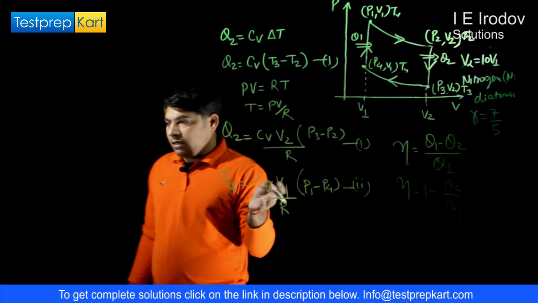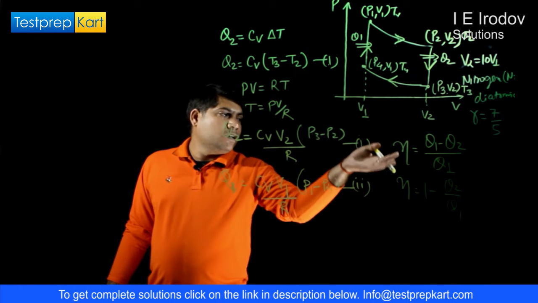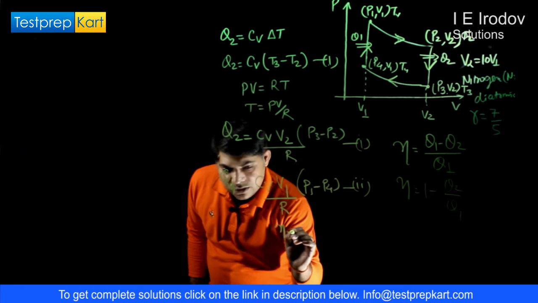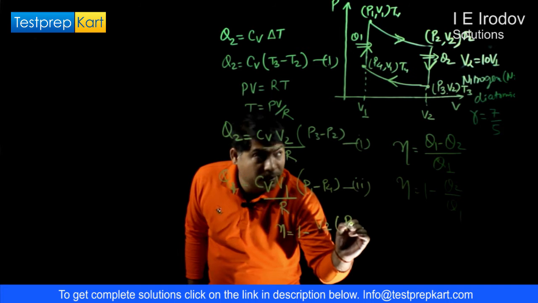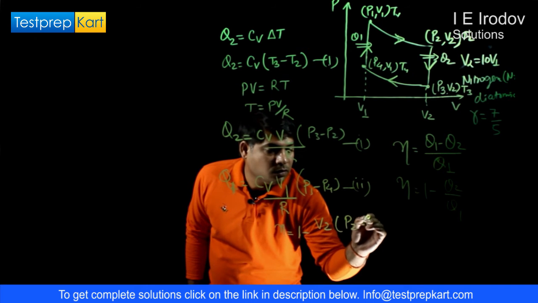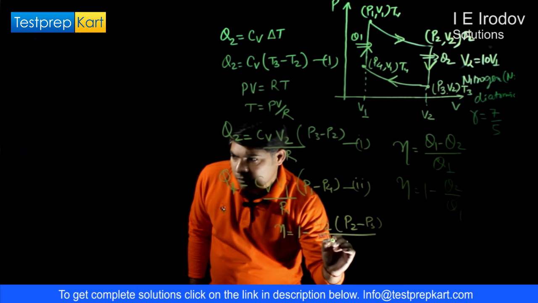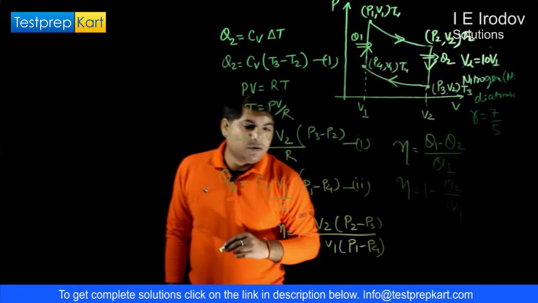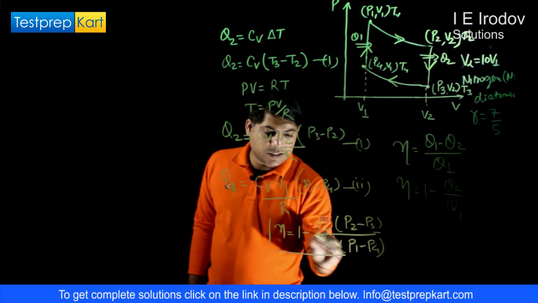Let's resolve this expression by substituting the values of Q1 and Q2. Our efficiency would be equal to 1 minus V2 (P2 minus P3) upon V1 (P1 minus P4). So this is the expression for the efficiency.